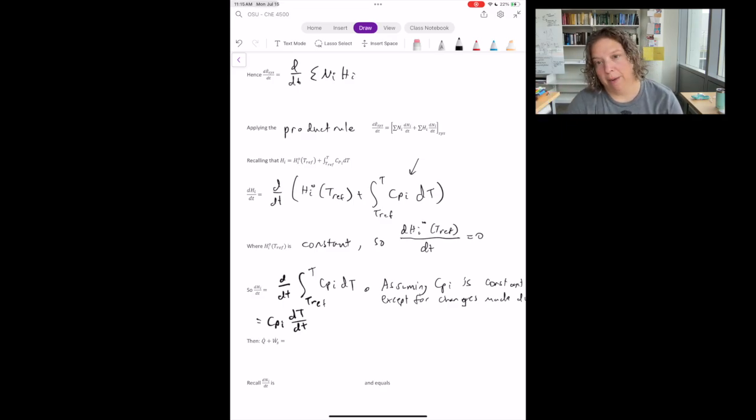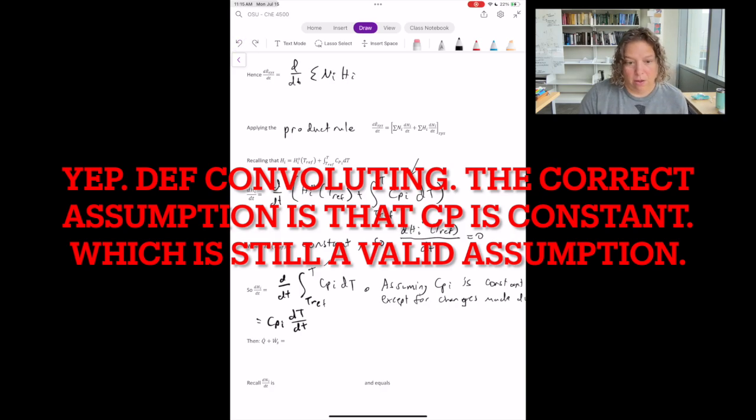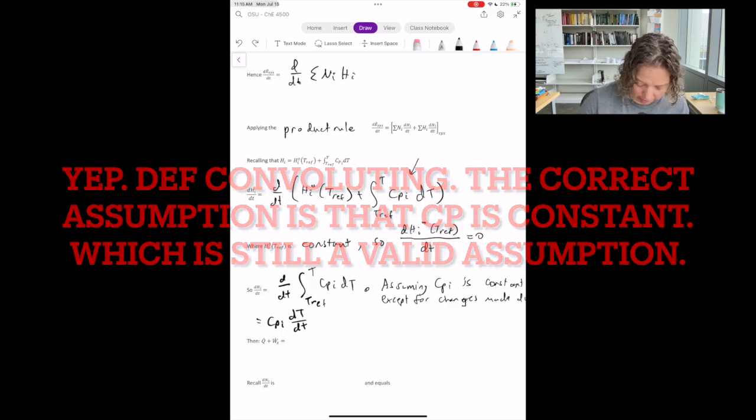So what we're saying there is the temperature is going to change with time. That means this upper limit is going to change with time, which means that the enthalpy is going to change with time. But other than changes with respect to temperature, this CP term doesn't change, which is a reasonable assumption. Okay, so if we do that, then we can write our expression.